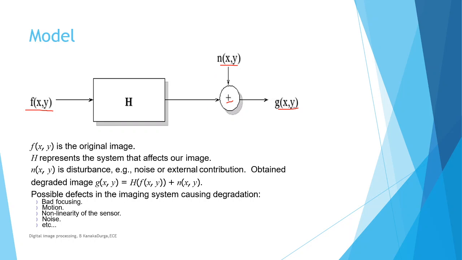Once the degraded image has been estimated, we can apply the restoration process in order to get back the images. What are the parameters that can cause degradation? Bad focusing, or motion, meaning the camera is in motion when we take the pictures, or sensors not working properly, or the light focusing is not good when we are taking the images.